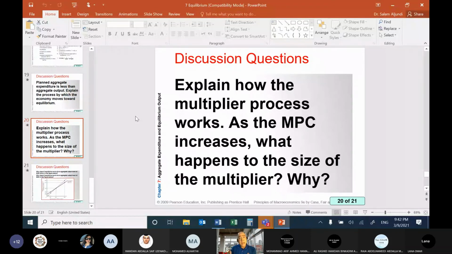So 17 million and 22. So as marginal propensity to consume increases from 0.70 to 0.90, a larger portion of the new income will go for consumption. And in the second stage, for vegetables and clothes, when they receive a new income, they will devote a larger part of their income to consumption. So in the end, there will be a greater increase in aggregate output due to the initial increase in government spending. So as marginal propensity to consume increases, the multiplier also will increase.